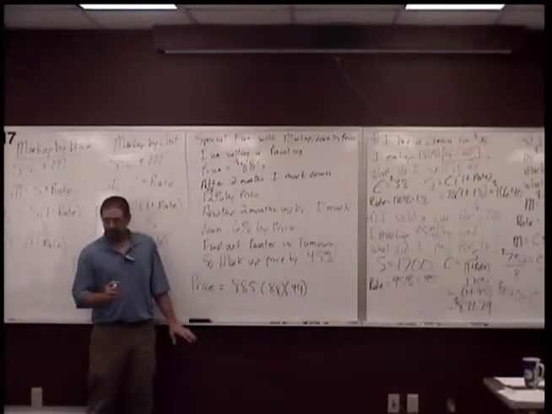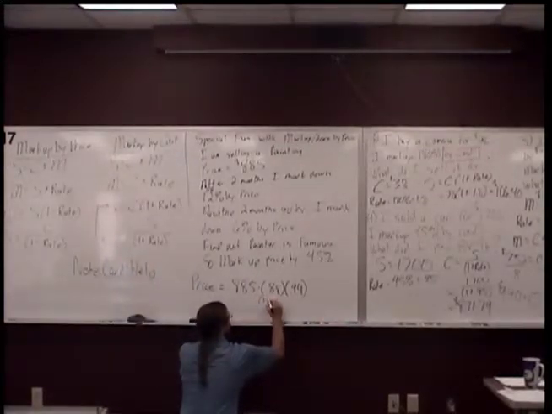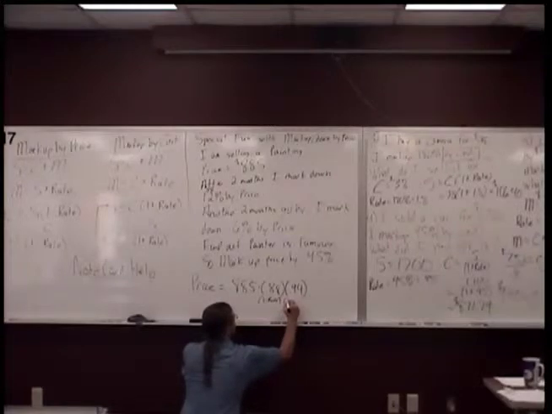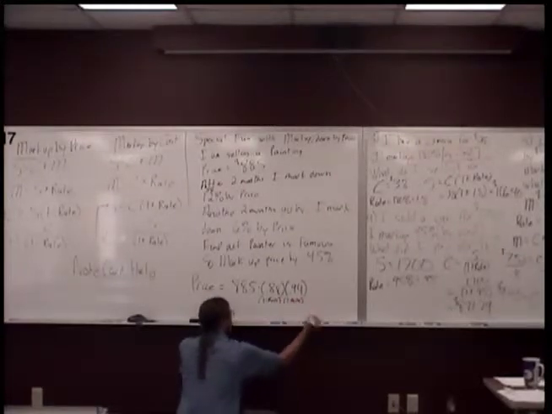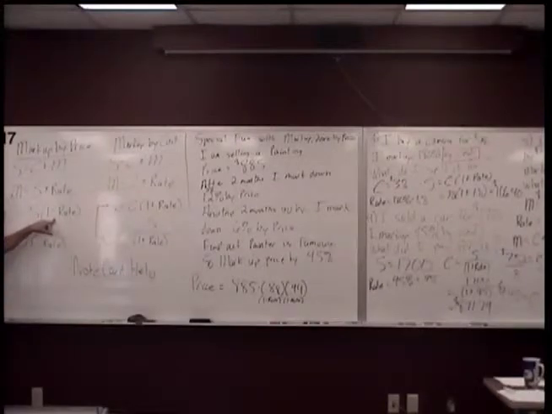Now, the guide that I will give you is that when you discount the price, you multiply by 1 minus the rate. When you're adding to the price, guess what you multiply by?